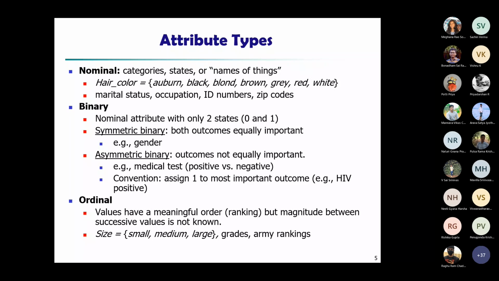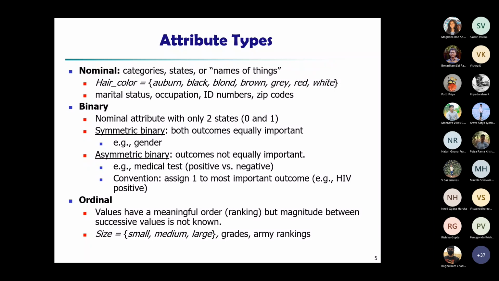For example, present or absent, smoker or not smoker, patient has cancer or no cancer, male or female, or a medical test positive or negative. All of these are binary. It has only two values, and usually for a yes kind of thing, we give value 1 and the other one has value 0.